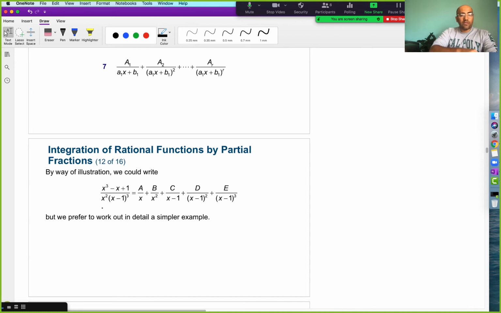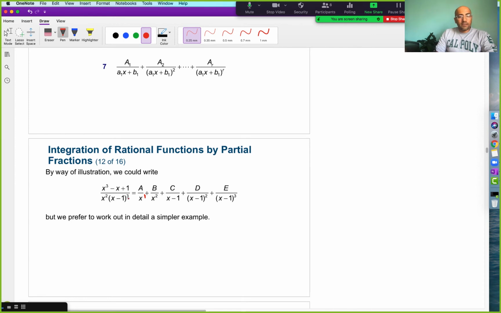So when we deal with something where we have a linear factor being repeated, what we have to do is create a fraction for each, where the denominator has each of the powers starting at 1 and stopping wherever the power is observed in your rational function. So because this is a 2, it means that we have to have a term with x to the first and then x to the second.